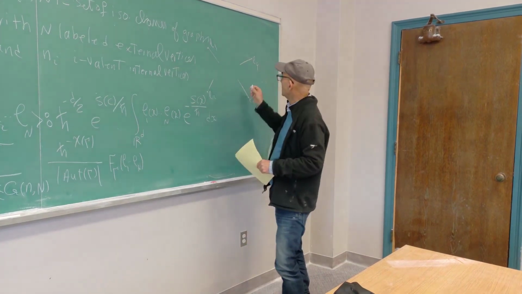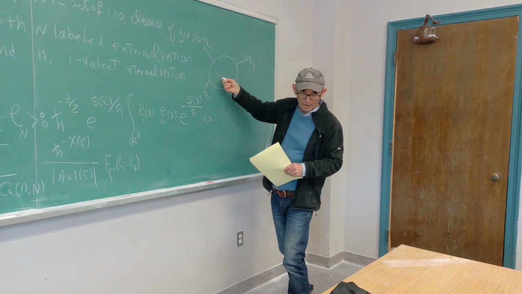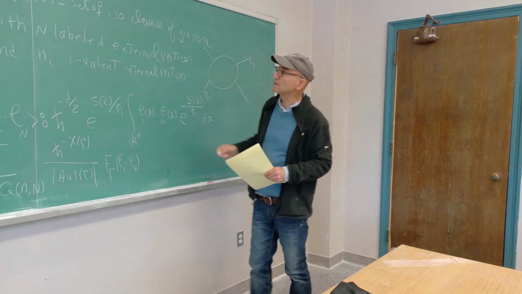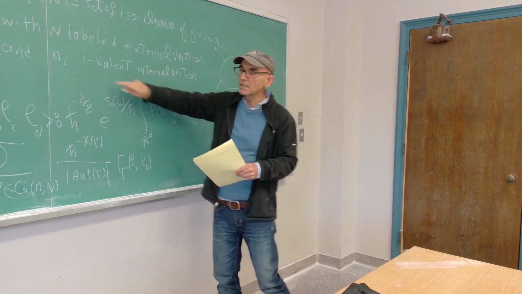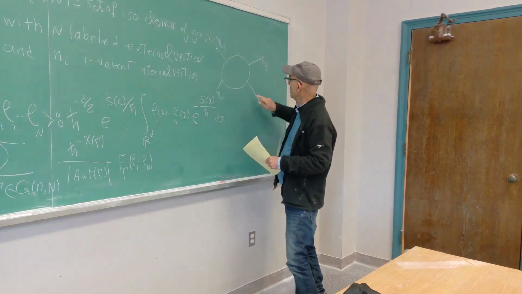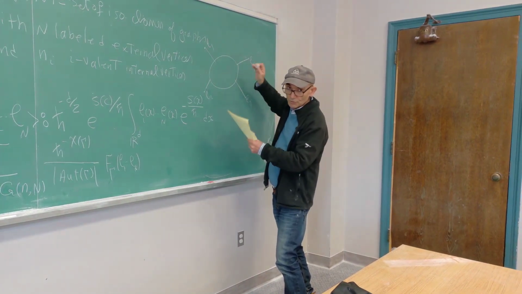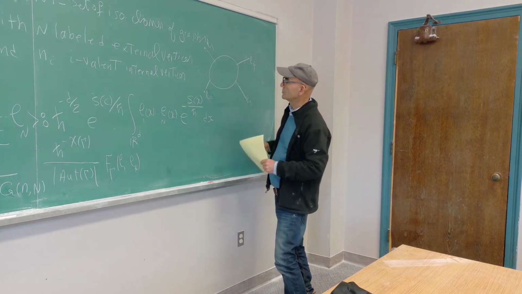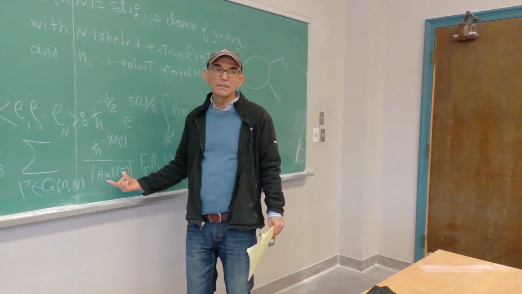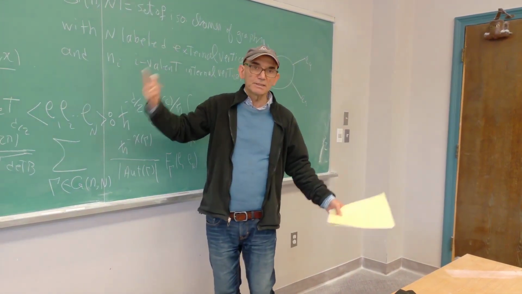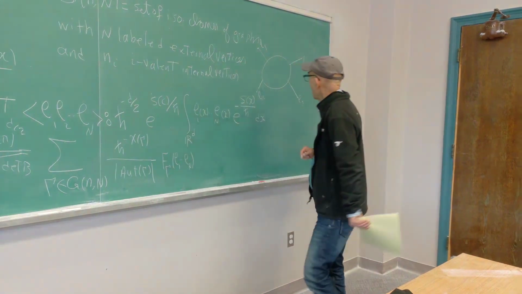And then we look at all possible graphs that you can put inside, where these graphs satisfy the condition that we always have: they have I-valent internal vertices. But these guys in the external are labeled. We are not allowed to permute them or anything. So they don't contribute to symmetry factors. And in fact, in the definition of symmetry, we have to make sure that they keep these external things intact. They change only internally.